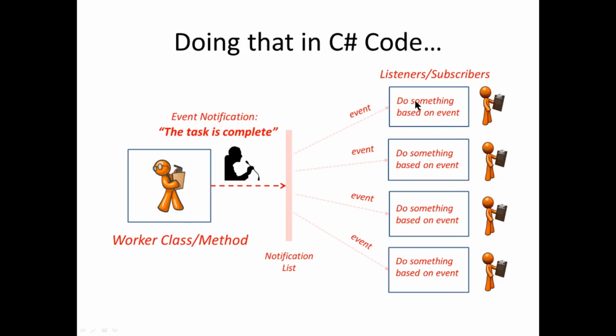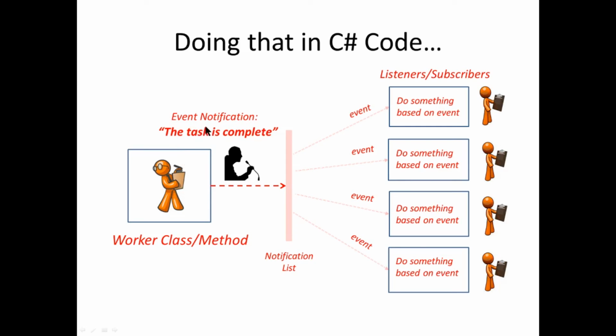Now, when you're going to code this, what you will generally do is you will model that broadcast as having a notification list. In other words, a list of subscribers who will be notified when that event is issued by this worker guy.